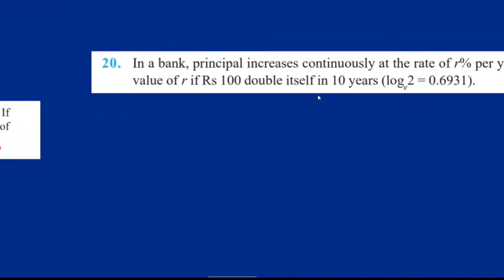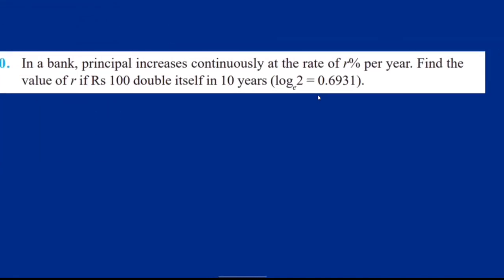The next one: in a bank, the principal increases continuously at the rate of r percentage per year. So the principal is changing with respect to time, that is, per year. So it is again with respect to time.